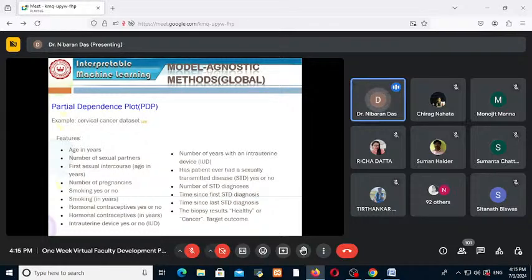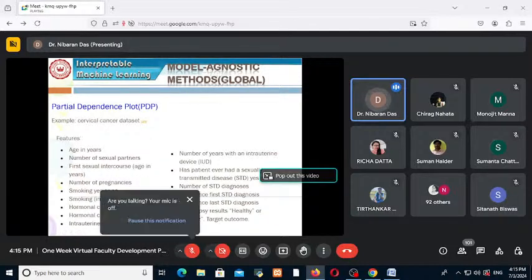These features actually determine the risk of cervical cancer: age in years, number of sexual partners, age at first sexual intercourse, number of pregnancies, smoking yes or no, smoking in years, hormonal contraceptives yes or no, hormonal contraceptives in years, intrauterine device yes or no, number of years with an intrauterine device, IUD.